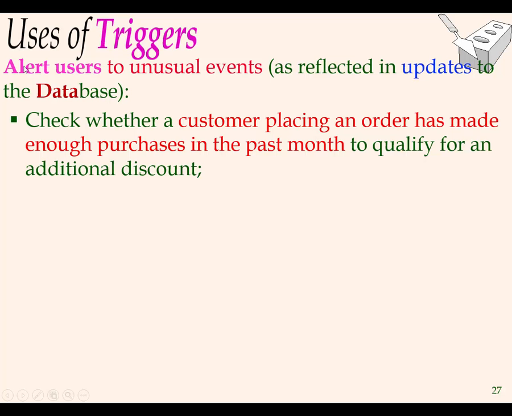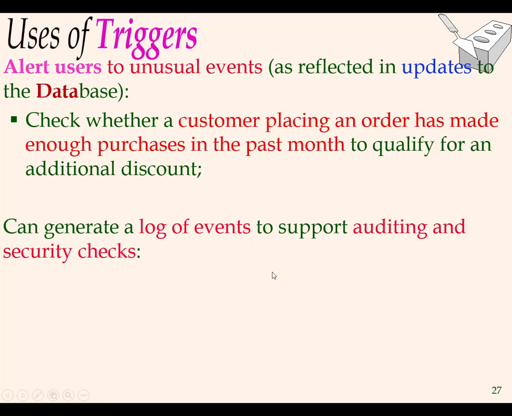So this is an example where you have a customer that places an order, and you keep track of that customer's past purchase history, and you realize that he qualifies for a discount, and that will fire the trigger, and the action is to sell the item cheaper. Another use of triggers is logging the events, auditing purposes, and security checks, where I would say HIPAA and maybe some other laws require you to log every access to the database and put it in the log table.